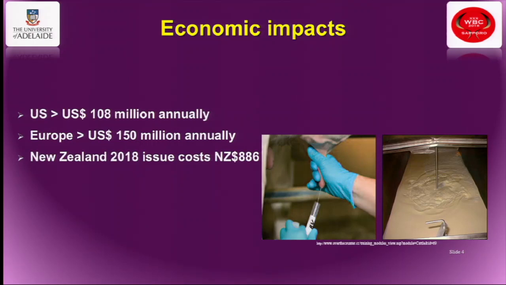In the United States, for instance, the cost of Bovis-associated diseases is more than $100 million US dollars each year, and more than this is estimated in Europe. In May this year, the New Zealand government decided that it would attempt to eradicate Mycoplasma bovis disease at an estimated cost of 886 million New Zealand dollars.